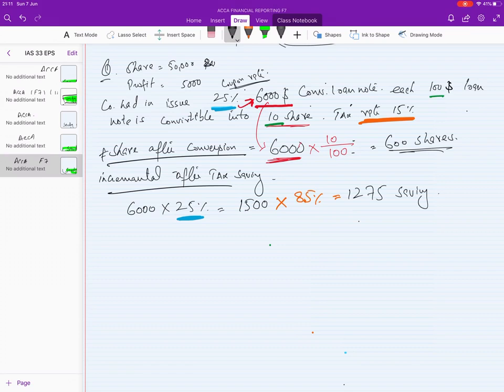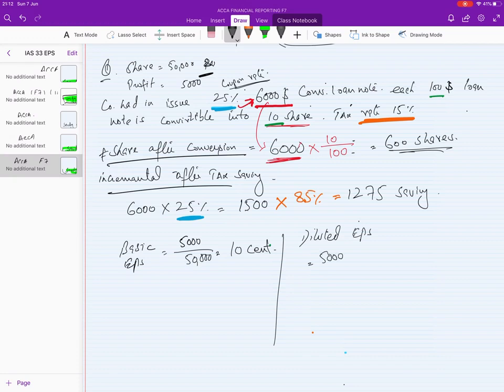So this is the question. Then we will calculate basic EPS first. Basic EPS is profit divided by number of shares. It will give you 10 cent. Okay, now calculate the diluted one, the same way. Calculate basic EPS first, now add these values.